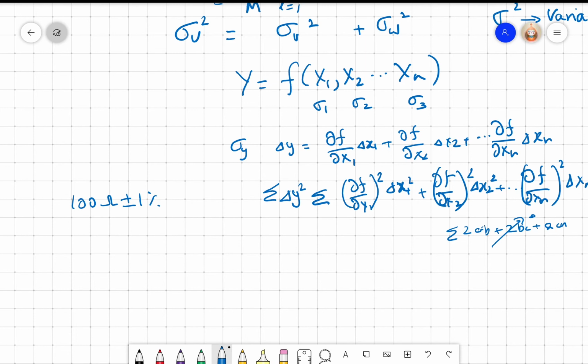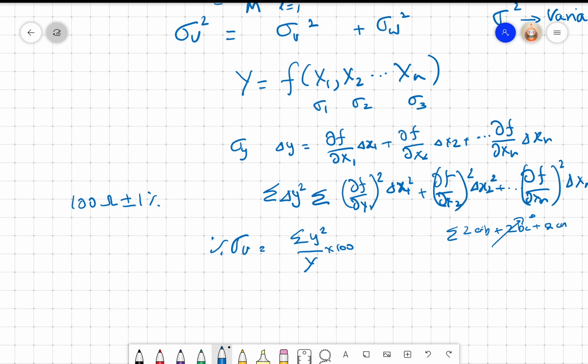The value of the resistor manufactured would lie within 100 ohms plus or minus 1, whatever that value is, right? So how do I get percentage? Percentage sigma y would be sigma y square divided by y into 100.